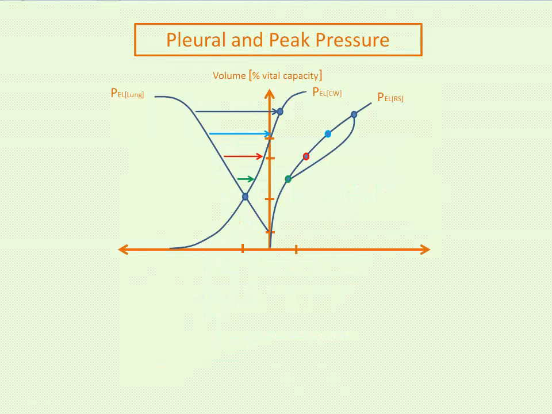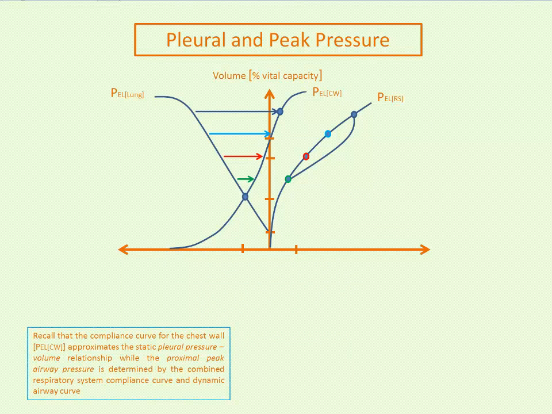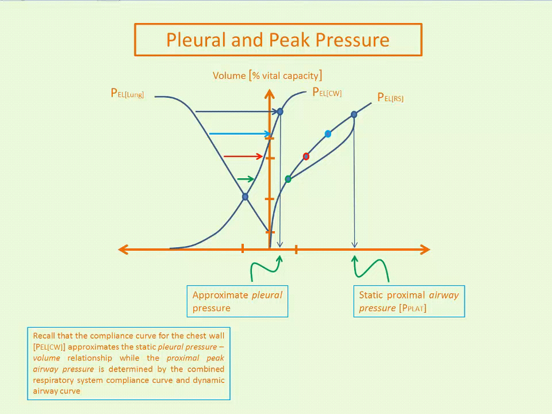So, graphical representation of the pleural and peak pressures. The compliance curve for the chest wall is the static pleural pressure, as illustrated here; we've seen this already. The chest wall, static pleural pressure, and the elastance of the respiratory system is your plateau pressure.